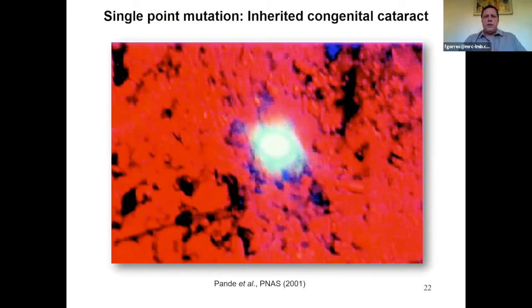There's also an example to illustrate that a single mutation can trigger crystallization, and unfortunately it's the case for a protein of our lens in the eyes. Inherited congenital cataract shows that it's just a single mutation that makes the protein crystallize and create this pathology.